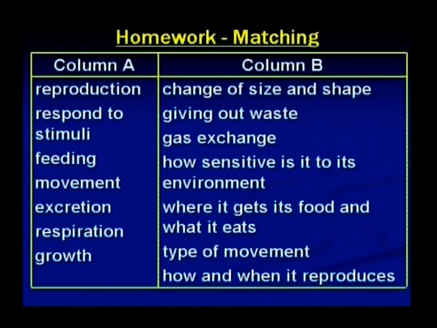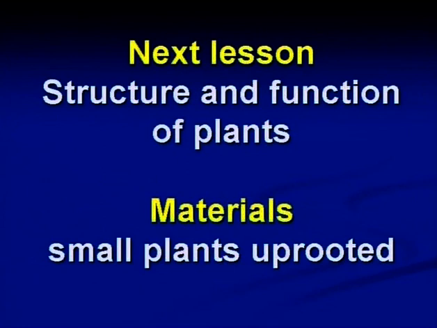Right, this homework is going to be more like the summary of the lesson, okay? But on the characteristics of living things. Right. Receiving students and the model class, our next lesson will be on structure and function of plants. Materials needed for the next lesson, I want you to bring small plants.